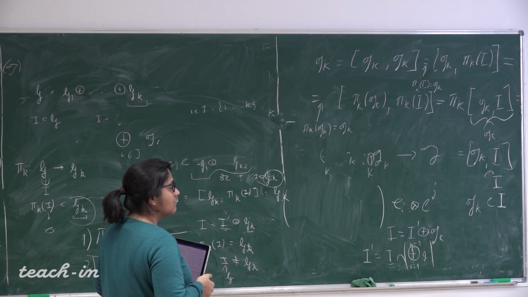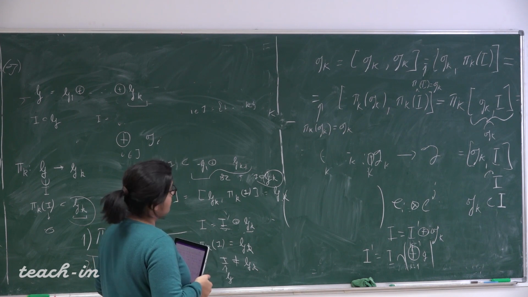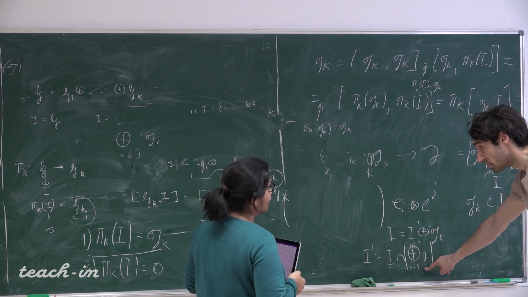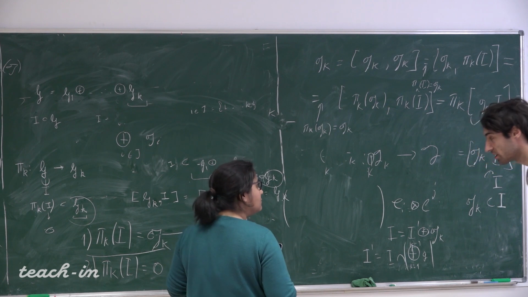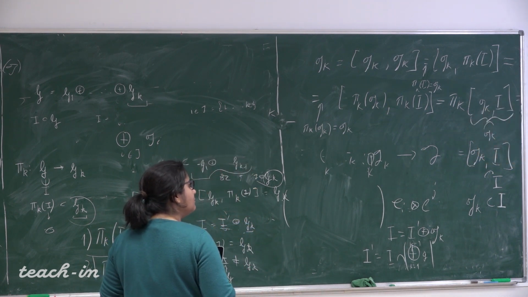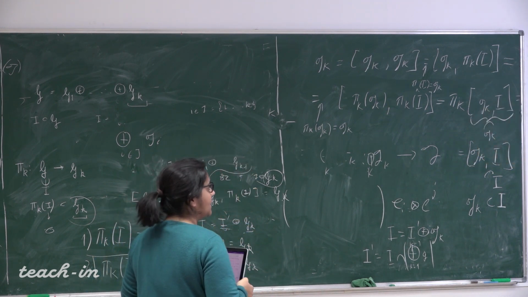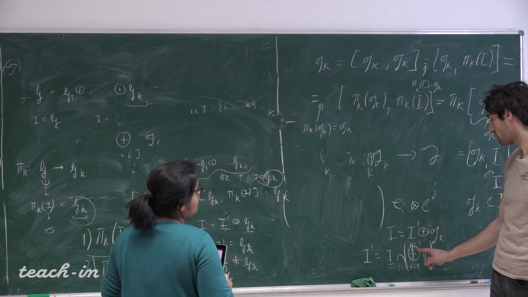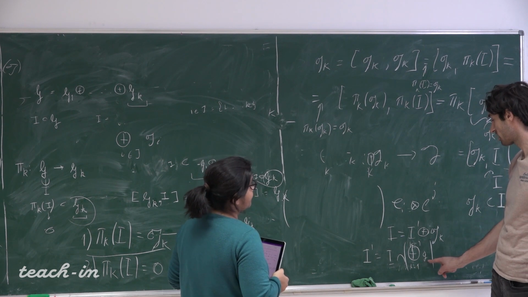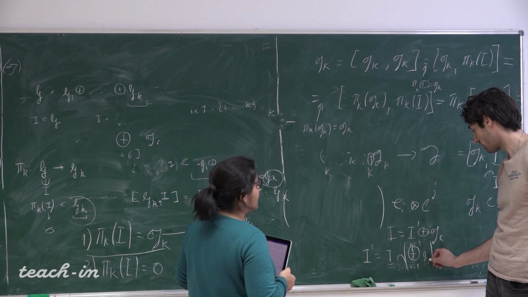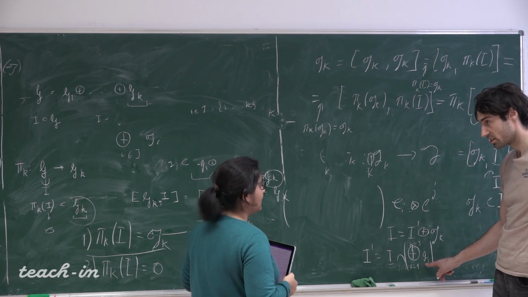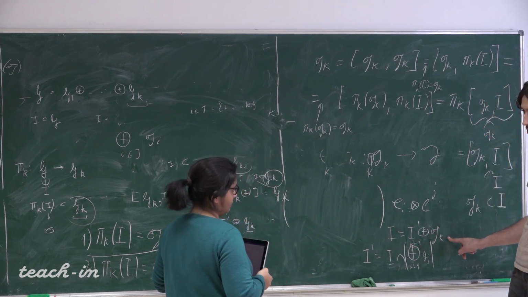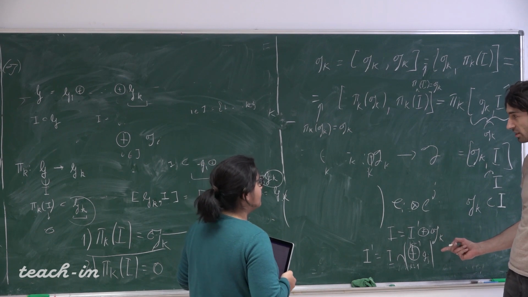But your I prime is an ideal inside this one, so you might use induction with respect to k. Therefore I prime is a direct sum of some subset of the gi's, and then I is just adding gk to that. So we are done for this case.